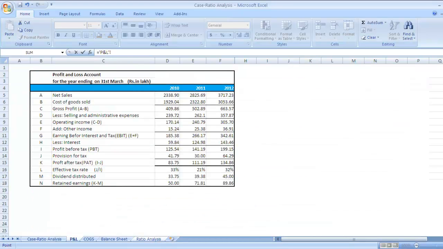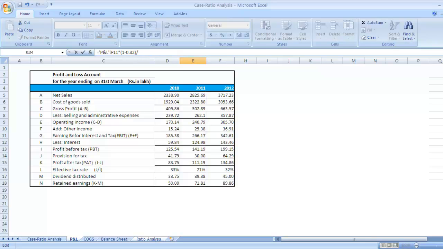EBIT is 342.61, multiplied by 1 minus T, the tax rate, that is 0.32, divided by net assets.